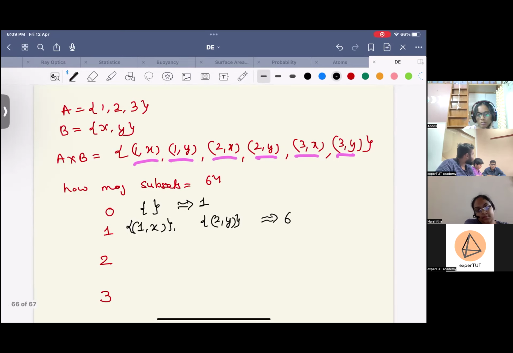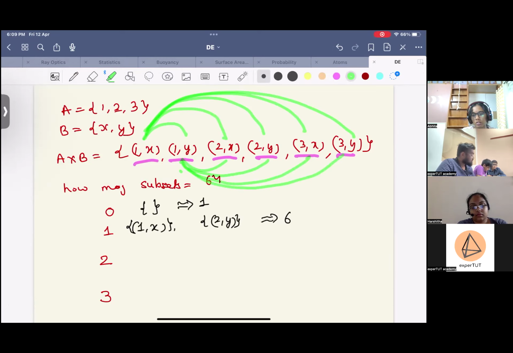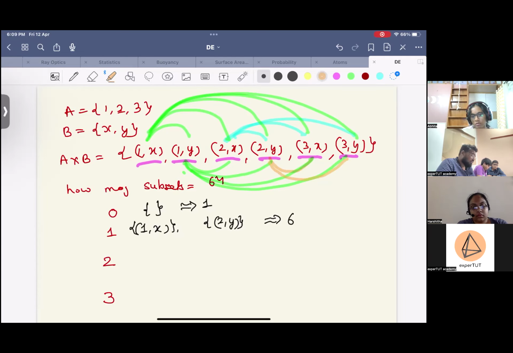If you pick 2 at a time, you will see it like this. Either this 2, this 2, 3, 4, 5, yes or no? These 5. Then 1 comma y will combine with either 2 comma x. See, 1 comma y will not go back. It's already combined, right? So 5 upper over 6, 7, 8, 9, and then 10, 11, 12, and then 13, 14, and then 15.